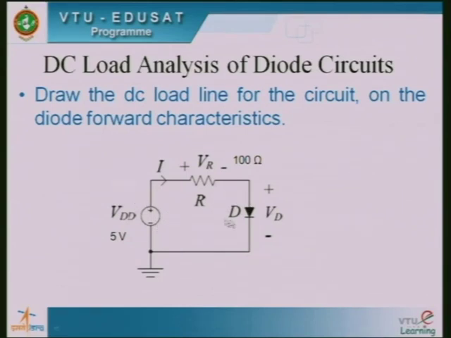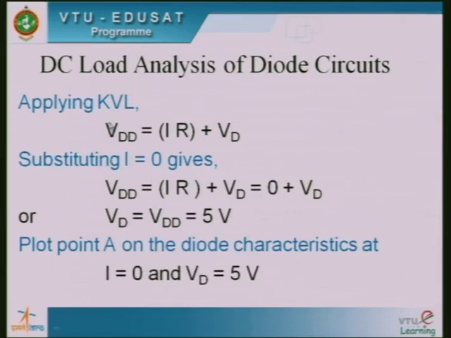Therefore it conducts, and when it conducts, if we apply Kirchhoff's voltage law, we get VDD equal to IR plus VD. So VDD is the DC supply voltage, I is the current flowing through the diode circuit, R is the series resistance, and VD is the voltage drop across the diode.